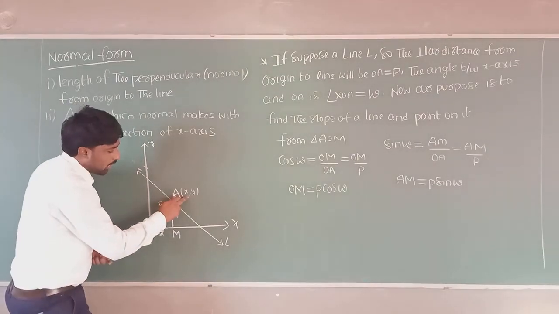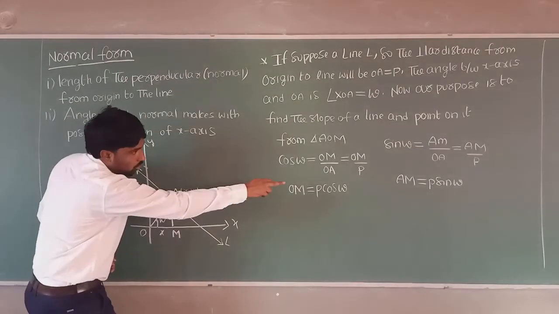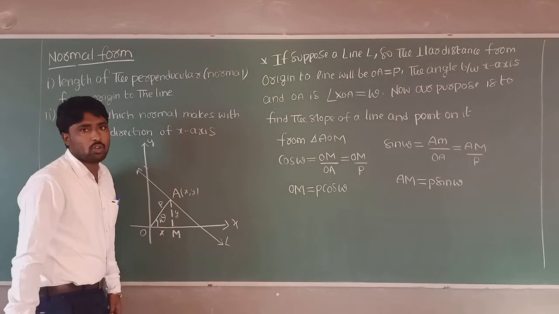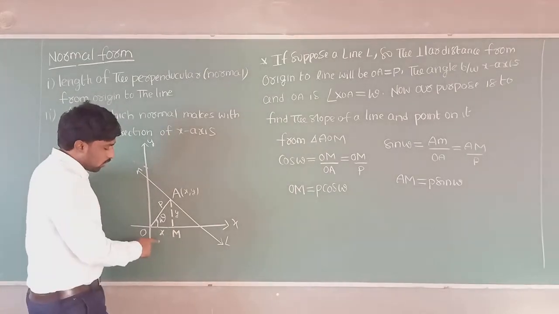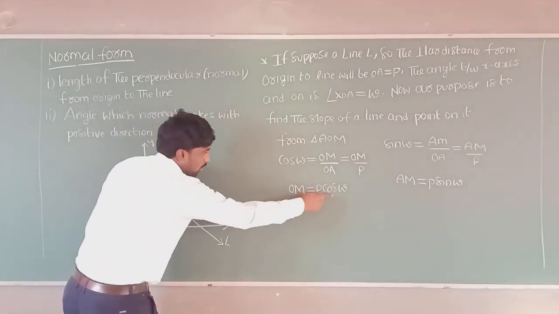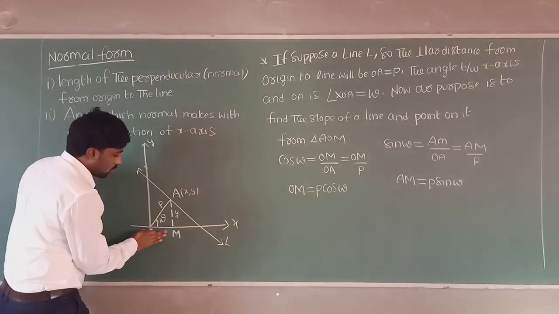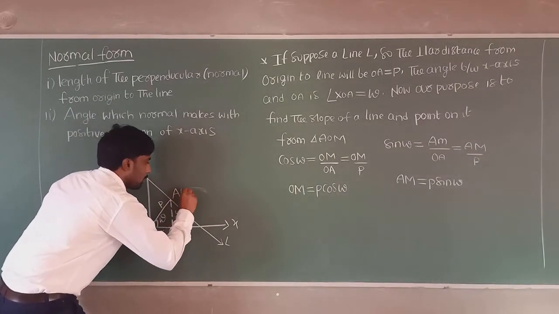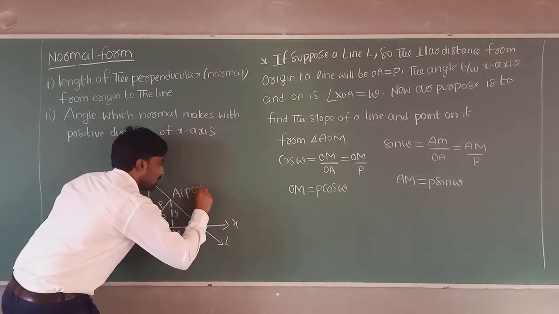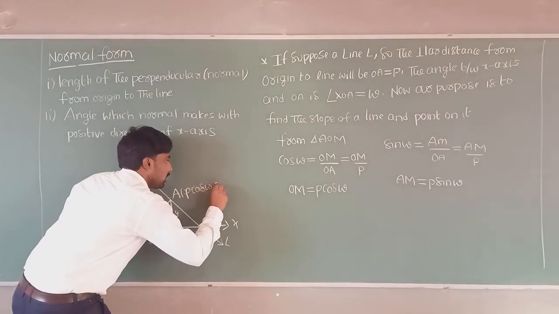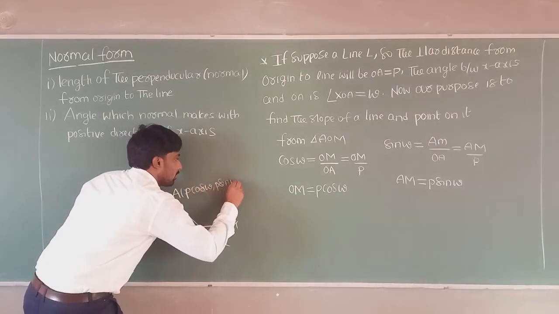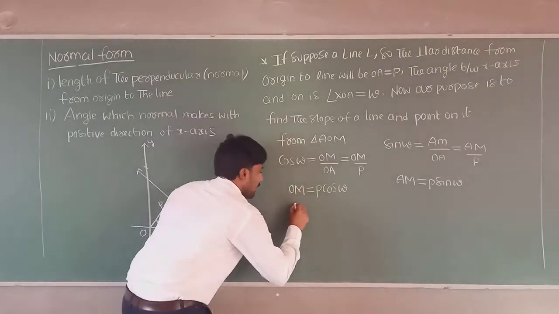So here x, what did I get? x equal to AM. So AM equal to what I got? P sin omega. Okay. Next x equal to what? OM. OM equal to what? P cos omega. So this point will be P cos omega, comma P sin omega. Okay, you write it here.